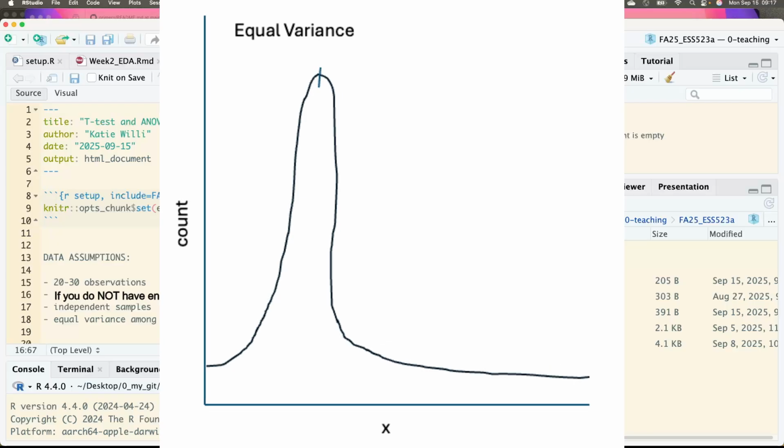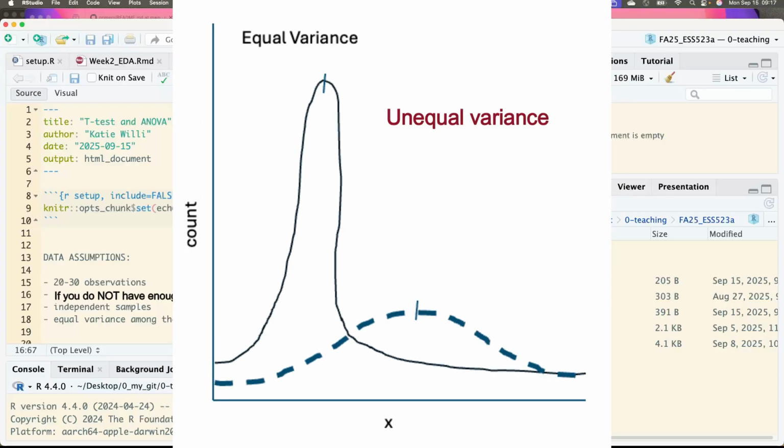So this is basically the mean. And in your other group, it's a different group, so it might not be the exact same, but it looks something like this.